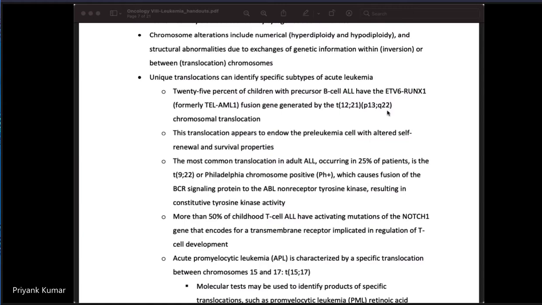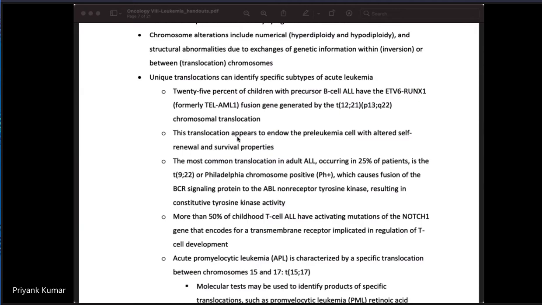When these fuse together, it leads to a chromosomal translocation and makes a fusion gene called ETV6-RUNX1. This translocation appears to endow the pre-leukemic cell with altered self-renewal and survival properties.